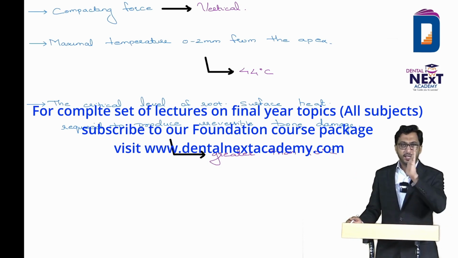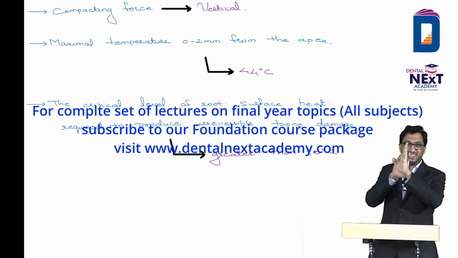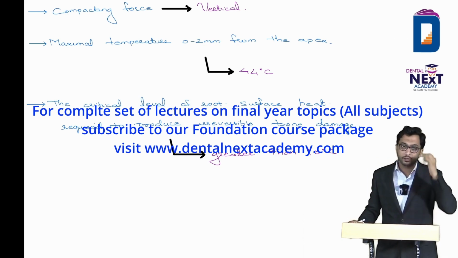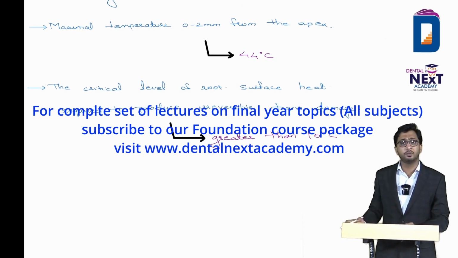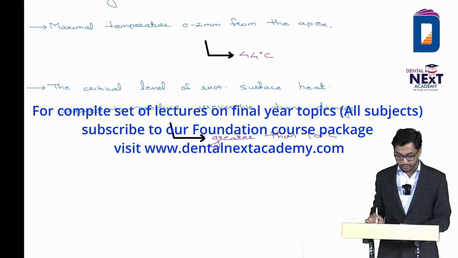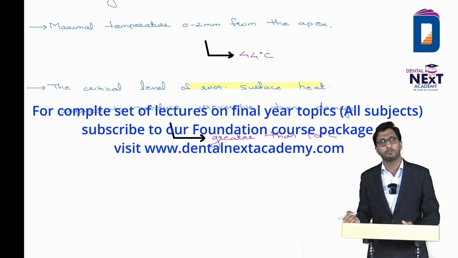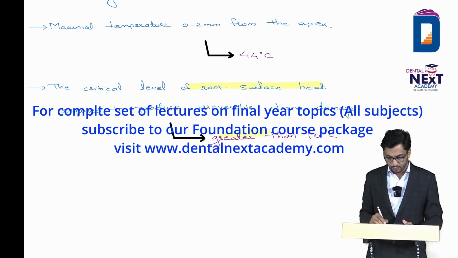Even if it is 11 degrees Celsius on the outer surface of the root, it can damage the bone. That is what they are talking about. So remember that, this in itself is an MCQ. The critical level of root surface heat which is required to produce irreversible bone damage is how much? Greater than 10 degrees Celsius.